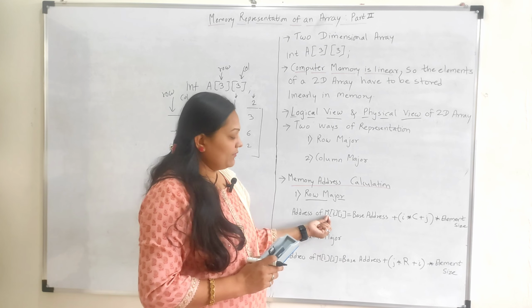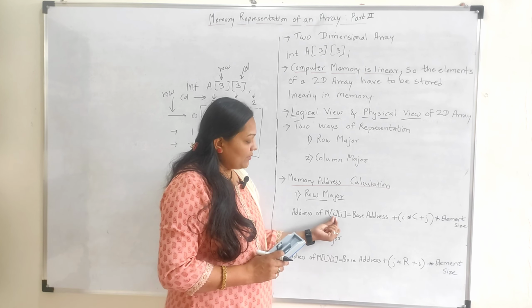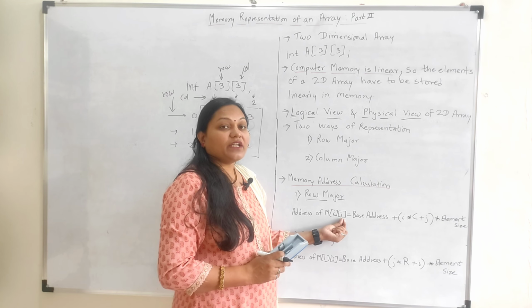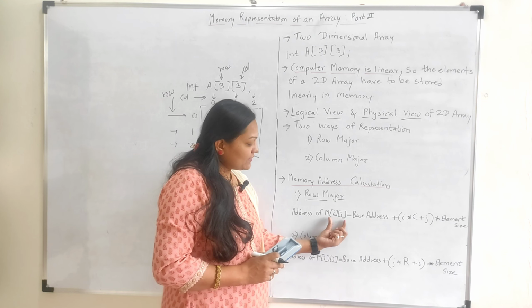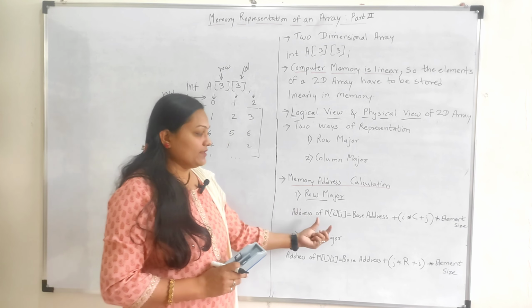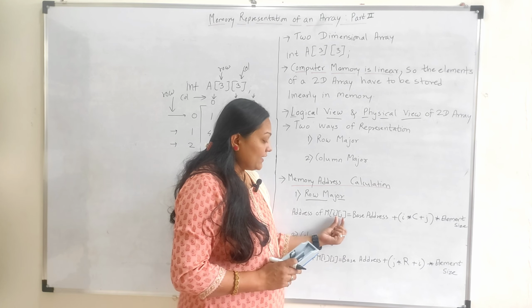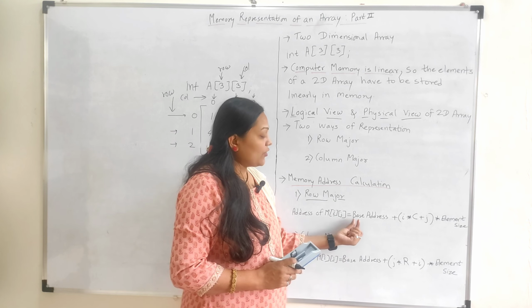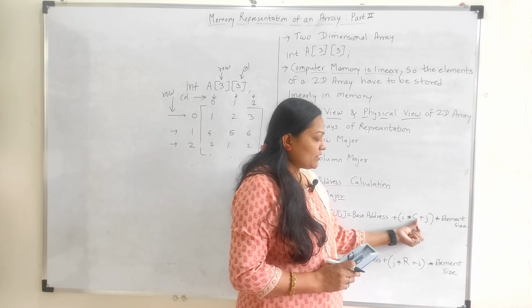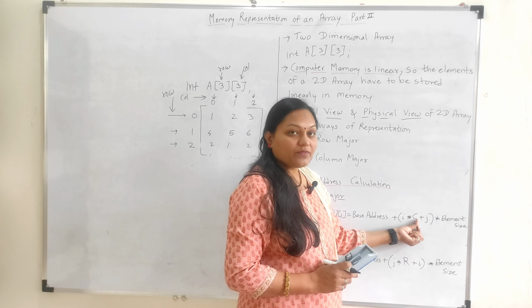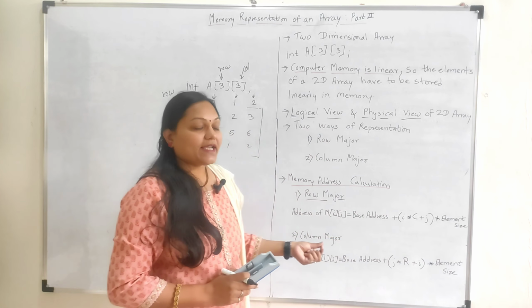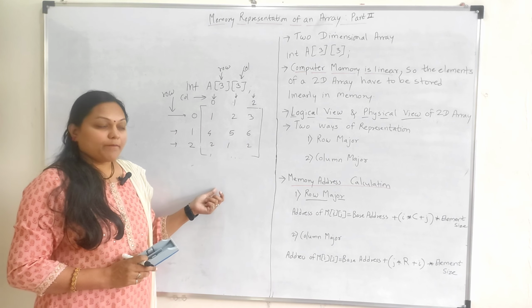Address of M[I][J], where M is the array name, I represents the row number and J represents the column number, which combined represent the index of the matrix. We can find the address using this formula: base address plus I into C, where C is the number of columns in that matrix, plus J, into the element size of an element which you want to store in the matrix.